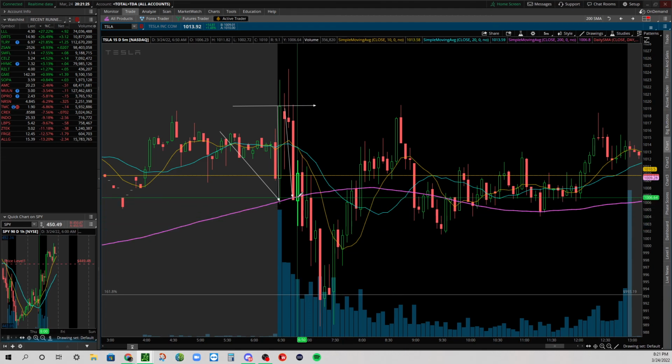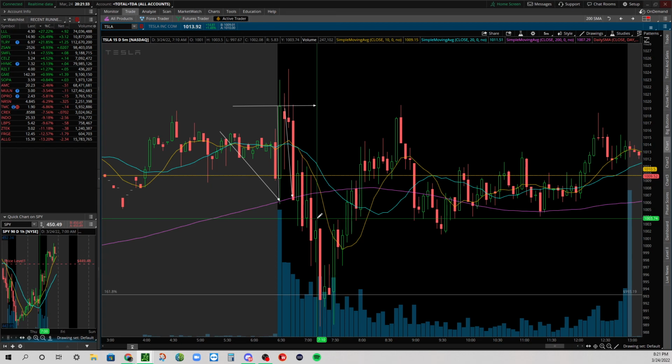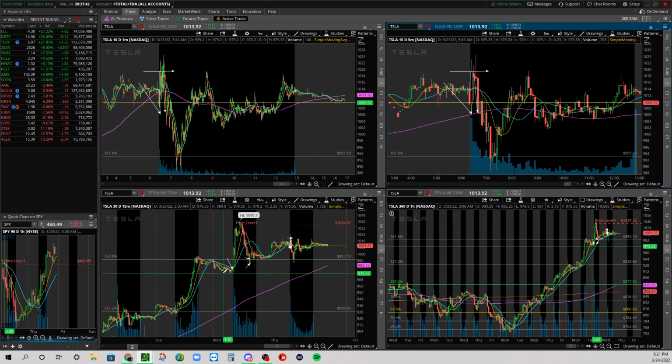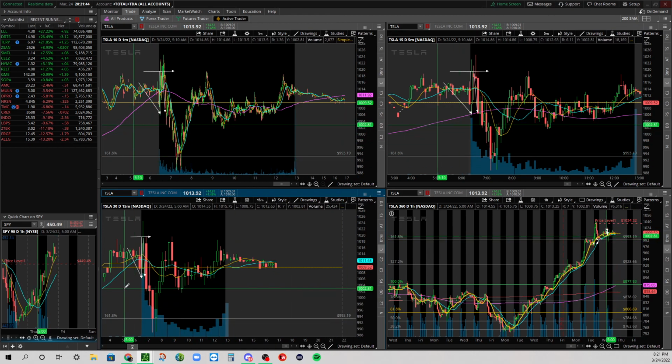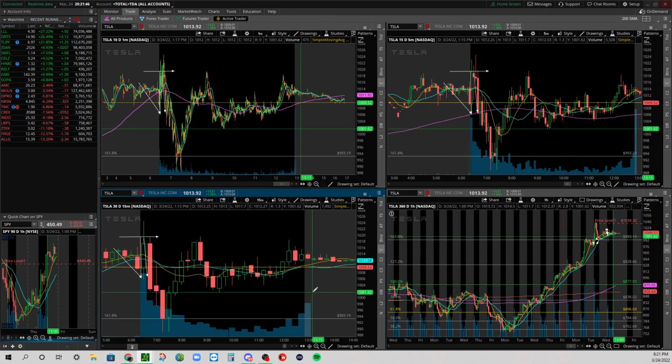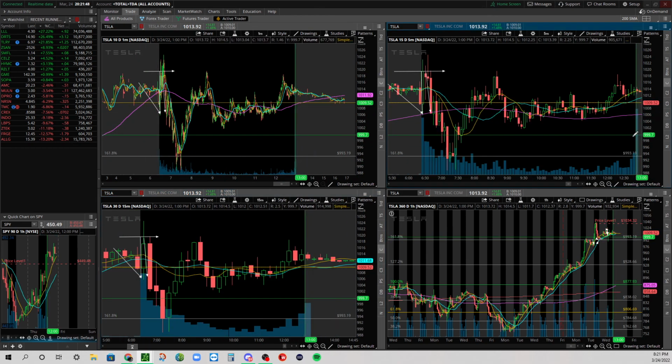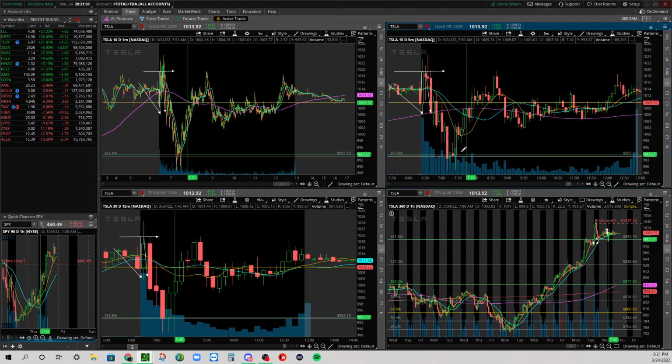I took the long there. I didn't know how far it could go. Tesla can break all SMAs in the first 10, 15 minutes. On the 5 minute, I took it off when it hit the 10 and 20 SMA.